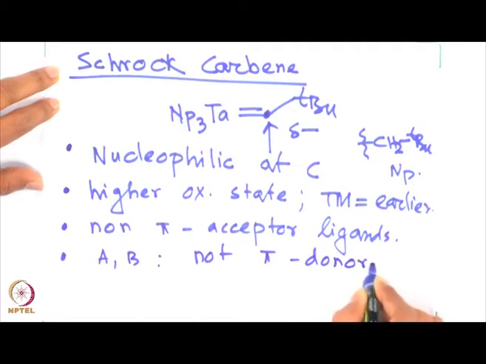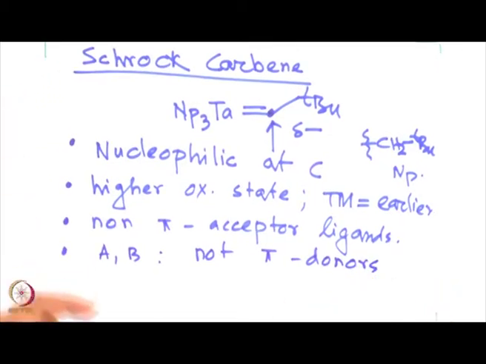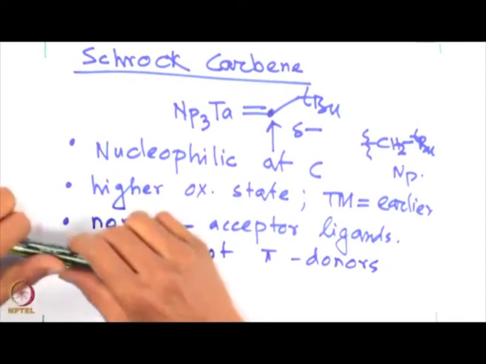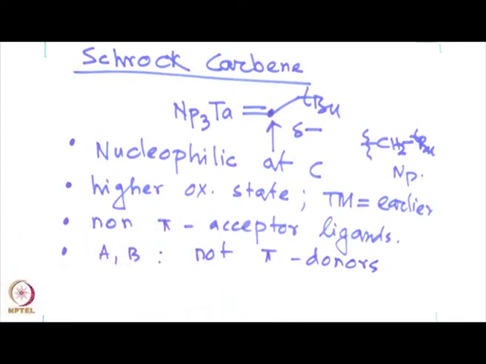Usually these are X2 type ligands. So, these two carbenes we have discussed with one example are very characteristic, and their synthesis pattern is also very different. Fischer carbene and Schrock carbene are the two different types of carbene you can expect.